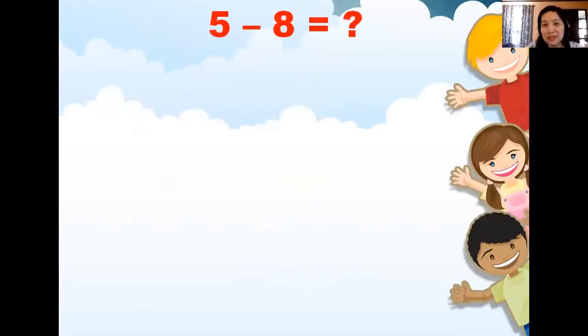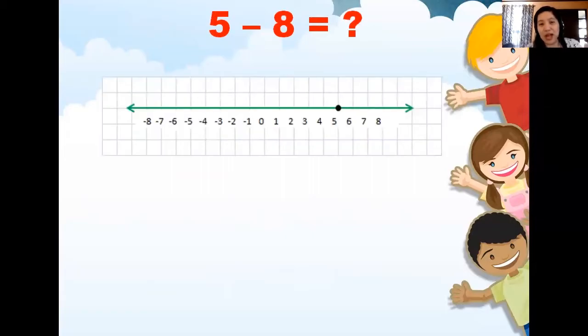Let's try to plot this on a number line. Let's have this 0 and 5. If it goes to the right, that means it will increase the value, that is if you will add. But it will go to the left if you will decrease the value. That's why we will subtract. So you are to subtract 8 from 5.